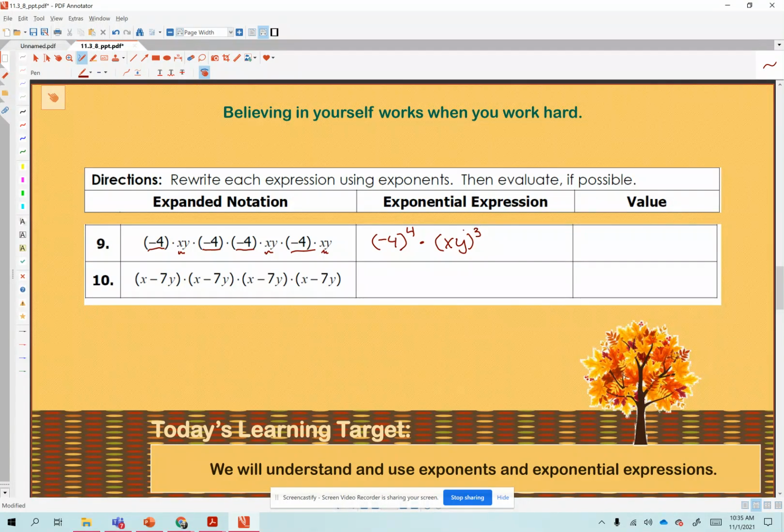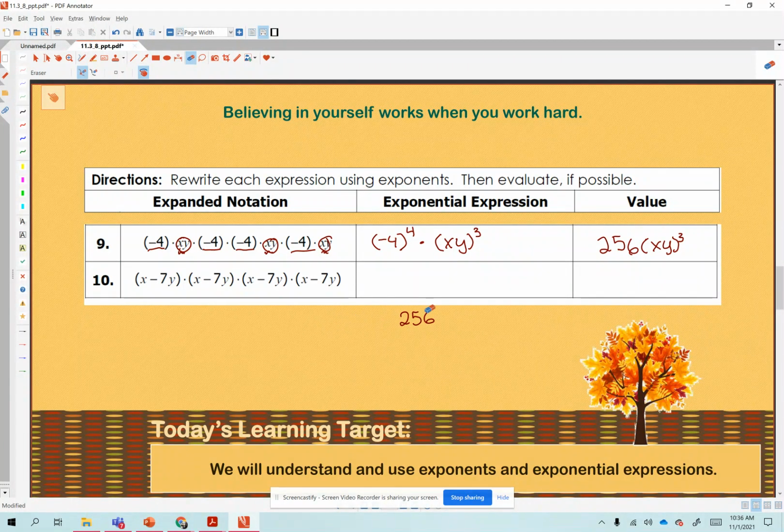The exponent of 3 applies to both the x and the y because I have the entire group of xy 3 times. So we cannot evaluate (xy) to the 3rd power, but we can evaluate -4 to the 4th power, which equals 256. Remember, an even number of negative bases will give us a positive solution. So we do have that 256, and then we have (xy) to the 3rd power.